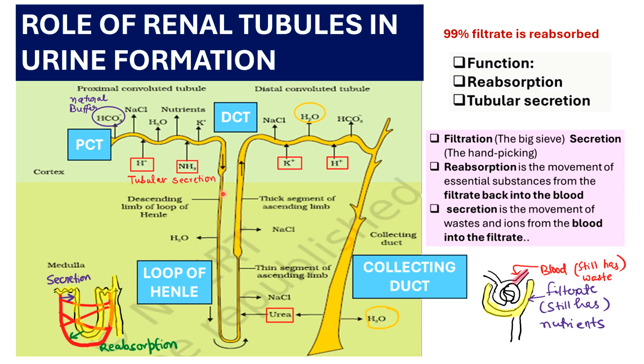Okay, coming to the loop of Henle, the descending limb of the loop of Henle is permeable to water but impermeable to electrolytes. So water absorption takes place in the descending limb, and the ascending limb of the loop of Henle is impermeable to water but permeable to sodium chloride. So what happens here? The sodium chloride is reabsorbed, water stays inside the loop of Henle.